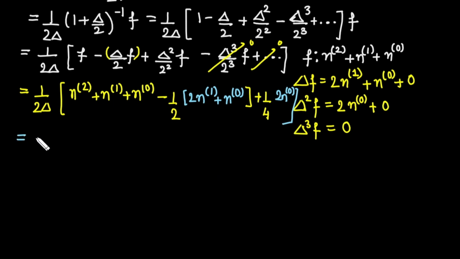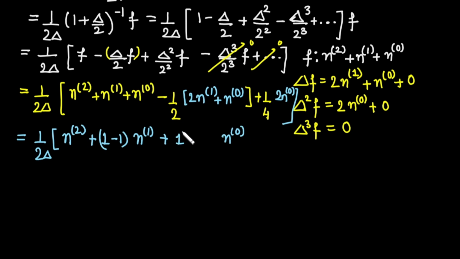From here we can write 1 upon 2 delta of n raised to power 2 factorial polynomial plus what is the coefficient of n raised to power 1 factorial? This is 1. Here we are getting a minus 1 because this 2 gets cancelled with 2 with the negative sign, it will be 0, plus n raised to power 0 factorial polynomial, coefficient is 1 minus 1 by 2.